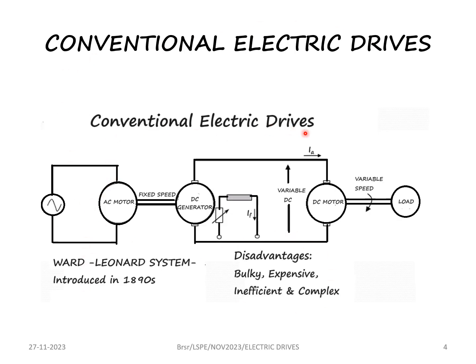A conventional electric drive consists of the DC motor. This is a DC electric drive, and if this DC motor's speed and direction are to be controlled, we make use of this system, which is called a Ward-Leonard system, which was developed in the 1890s.